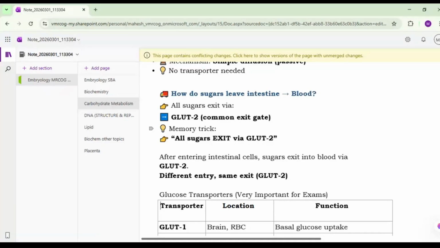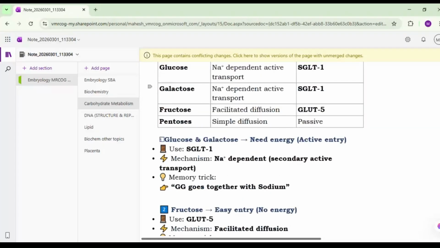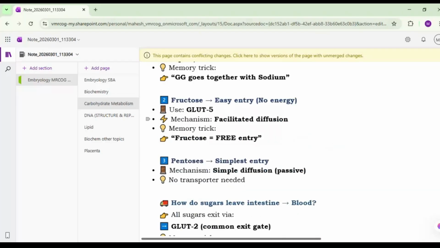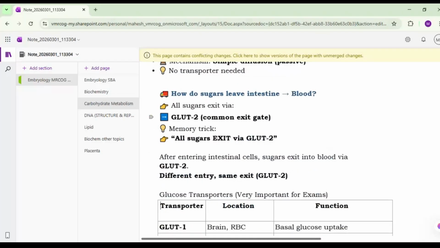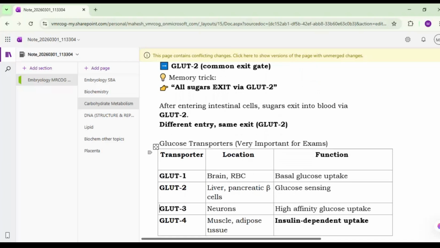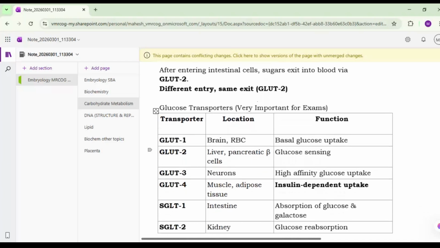For fructose, the entry gate was GLUT5. For galactose, it was SGLT1. But for exit, for everyone, it is GLUT2. That is the common exit gate. So just remember, all sugars will exit via GLUT2. After entering the intestinal cell, sugars exit into the blood via GLUT2. Different entry and same exit, that is GLUT2.